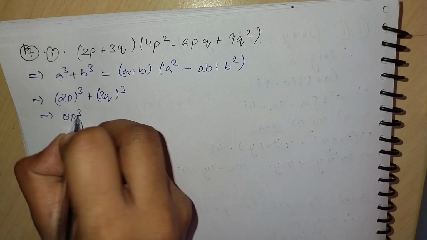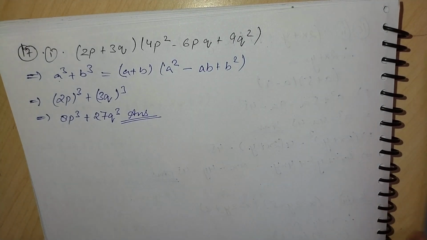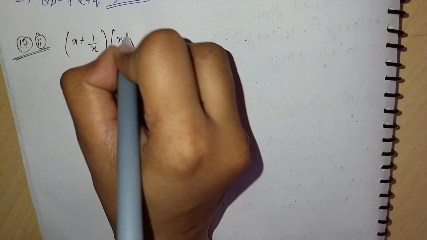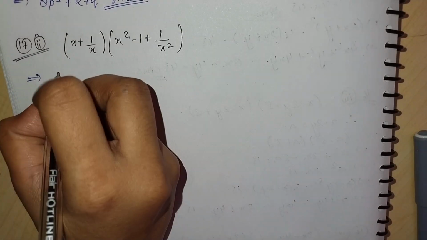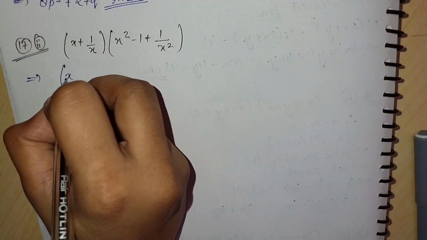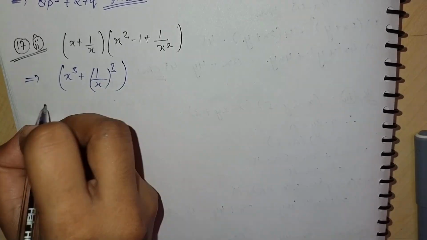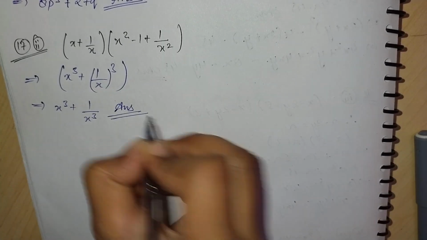So 8p cube plus 27q cube is the answer here in this question. 17 second part is x plus 1 by x, here x square minus 1 plus 1 by x square. So it is (x)³ plus (1 by x)³, so it is x cube plus 1 by x cube as the answer here in this question.